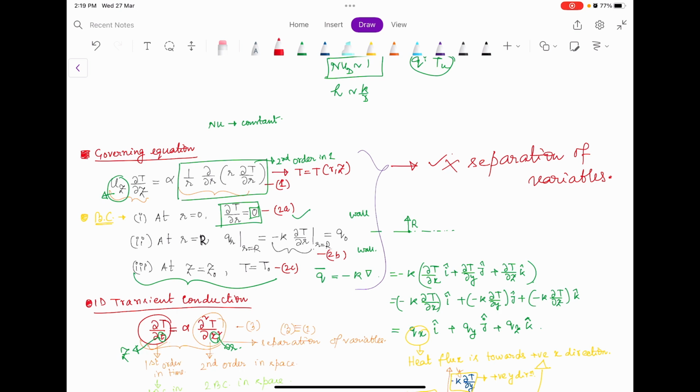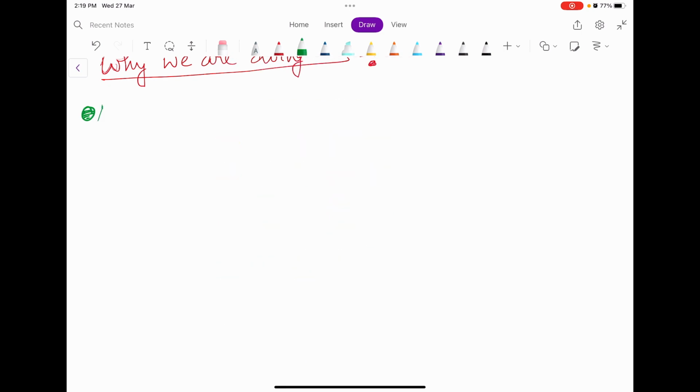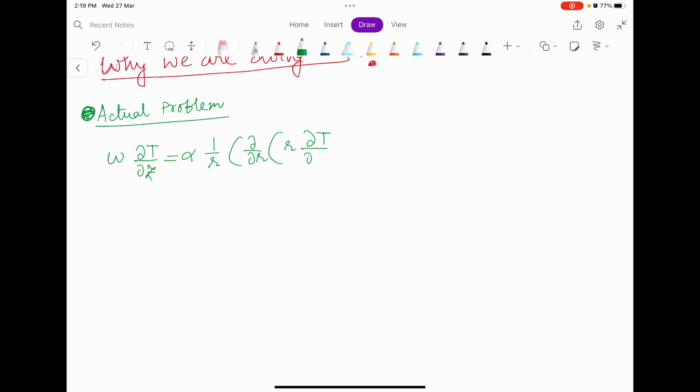So let me write the governing equation again, which will be beneficial to you. I will write uz as w. So the actual problem is w into del T del z equal to the radial conduction, that is, w into del T del z is equal to alpha into 1 by r del del r into r of del T del r, right?